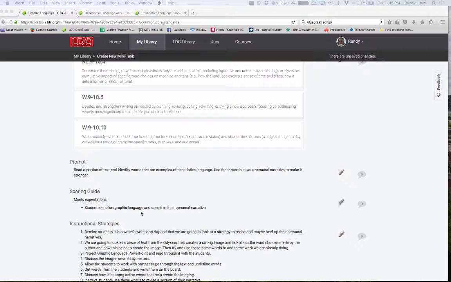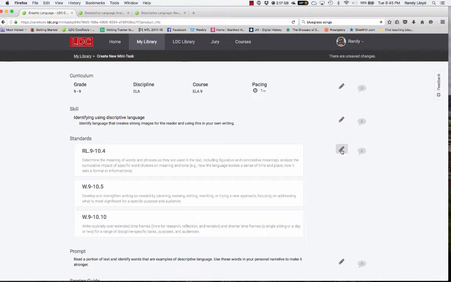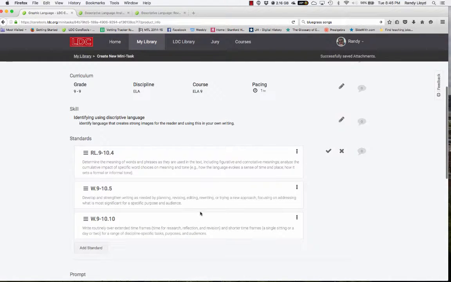When it came to the standards, however, it took me some time because I was using the state standards, and that was different. And that brings me to one of the things I really like about the LDC website. Because when it came to doing the standards, I merely clicked on the pencil and went to the part where it says Add Standards.